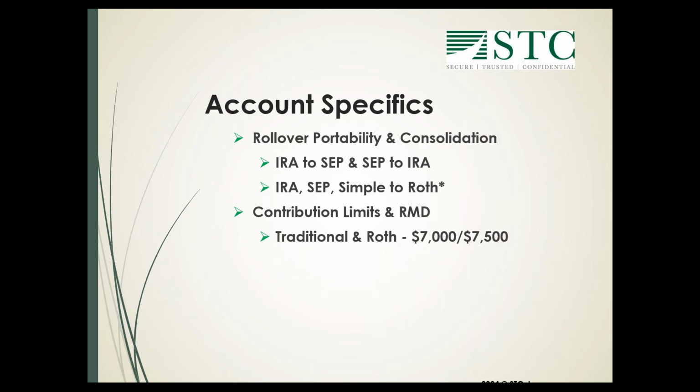So the contribution limits for both a traditional and a Roth IRA for 2024 earnings are $7,000. So you get a W-2 for whatever amount you earned from your employer, you could contribute $7,000 into a traditional IRA from your earnings. Now, if you are 50 years of age or older, you can add an additional $500 to that.